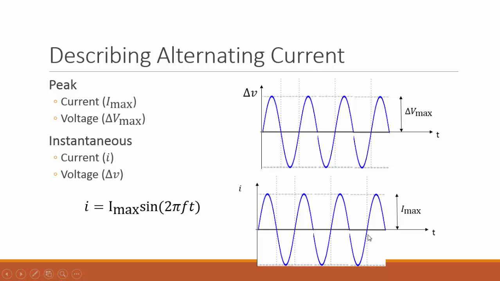Because it repetitively keeps going up to that same maximum value, it tells you what this curve looks like over time. We'll use this, for example, as the max current and the max voltage drop.